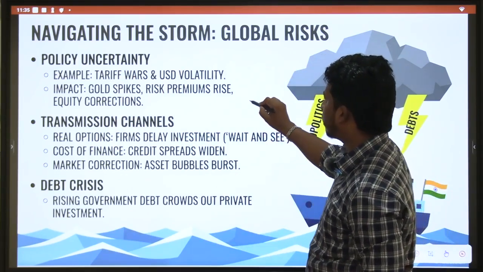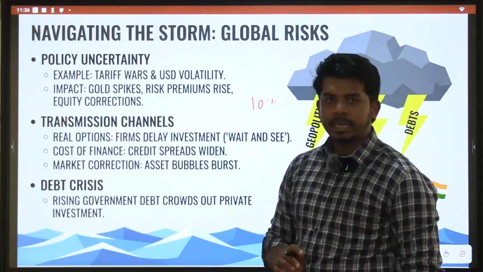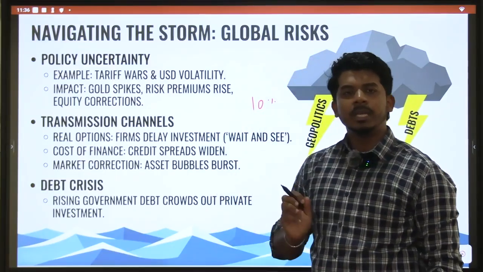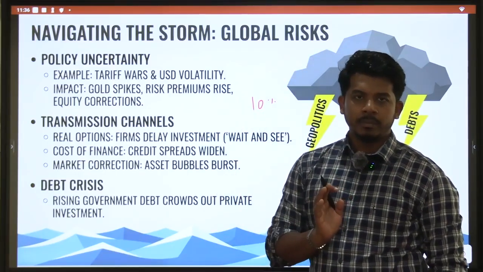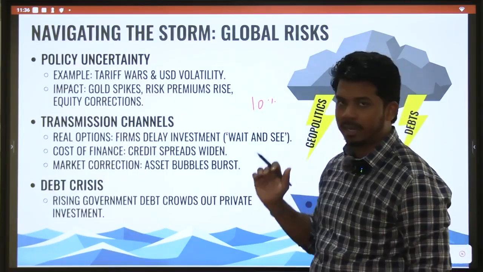Let's say the interest rate agreed is 10%. Unless the Indian government pays 10% of the principal amount as interest every year, he is not willing to give money to India, because he sees some risks with India, so he is asking a very high interest rate.